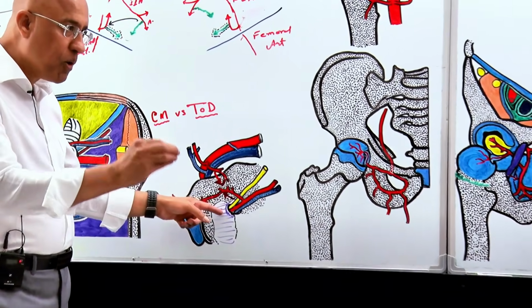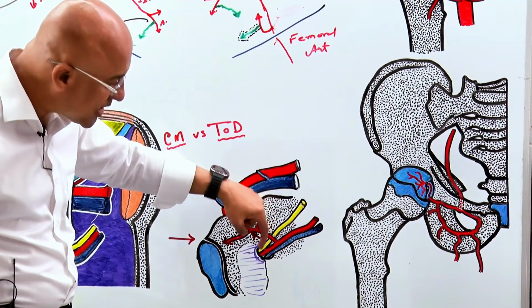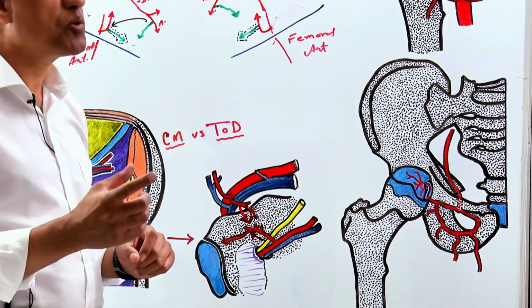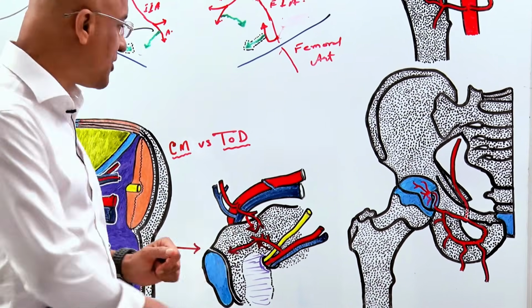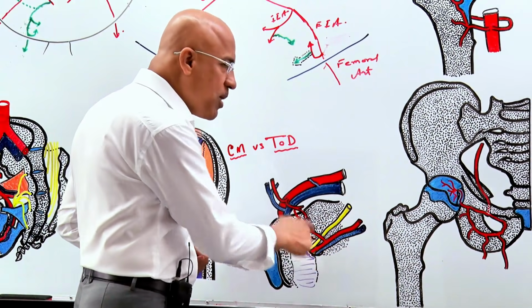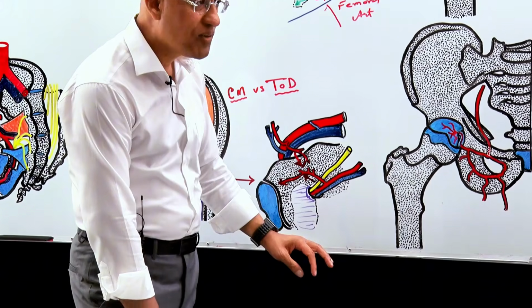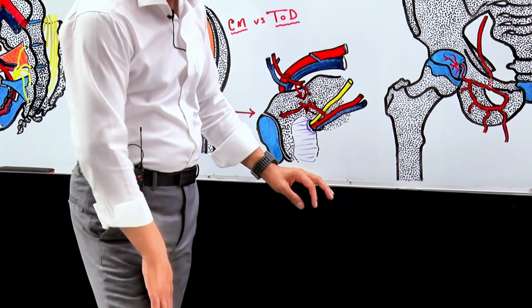A piece of bowel or loop of bowel is herniating through the obturator canal. And as the obturator canal is very narrow, if something extra tries to go there, it compresses the nerve and artery and vein. So the medial side of the thigh will have pain and severe ischemia.